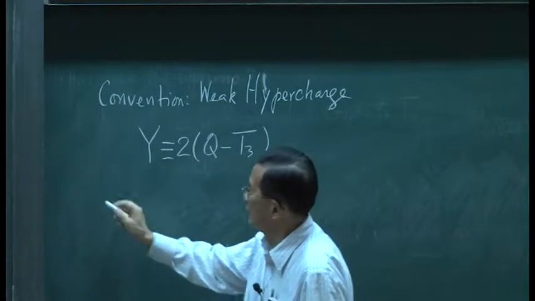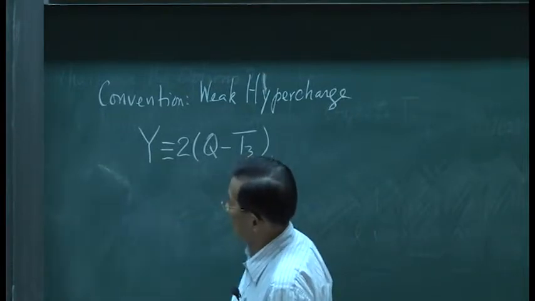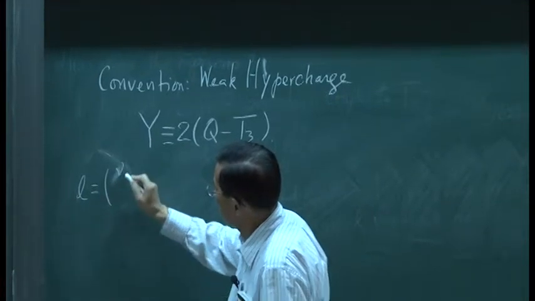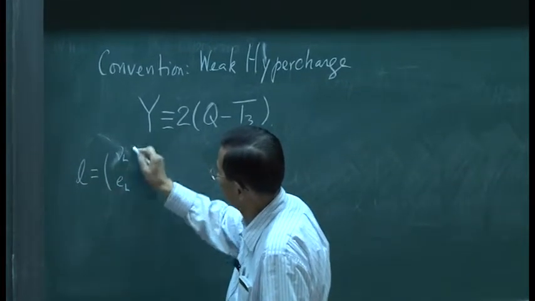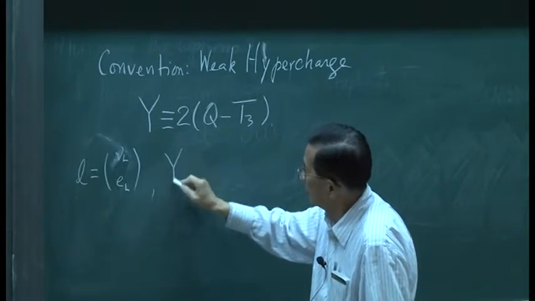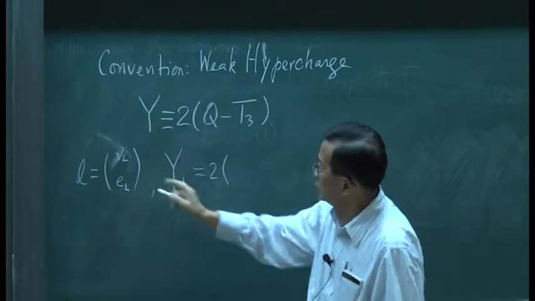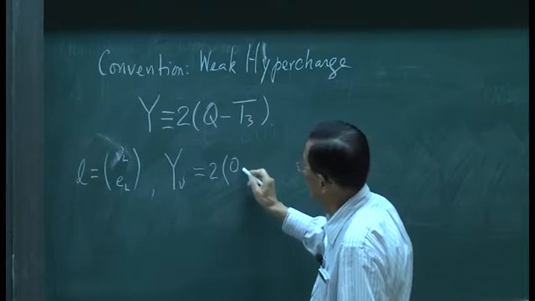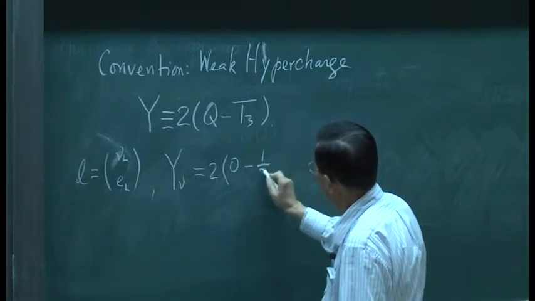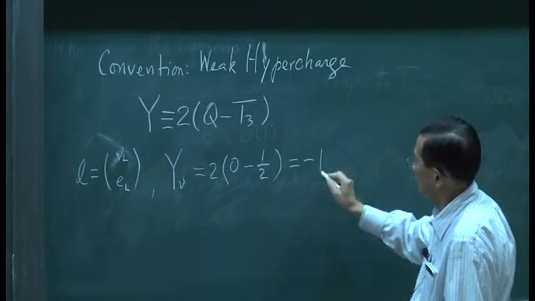For example, we have an electron here. Now, you remember the electron doublet is a neutrino and the electron here. So, let's look at neutrino. 2Q equal to 0 and the T3 equal to, minus T3 is 1/2, because it's upper half here, so that equal to -1.